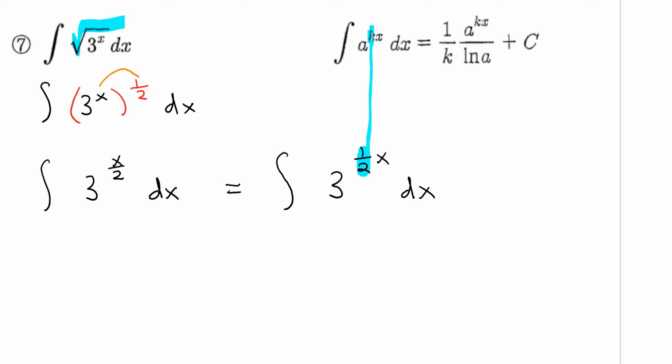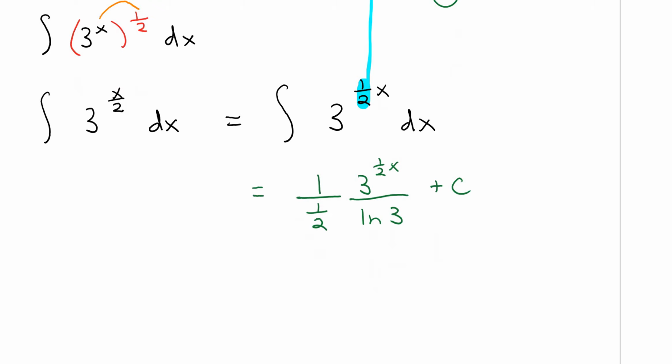k is 1/2. So now I can follow the formula. It's going to be 1 over k. So it's going to be 1 over 1/2 times 3 to the 1/2 x divided by ln 3 plus c. And after that, we can just clean this up.